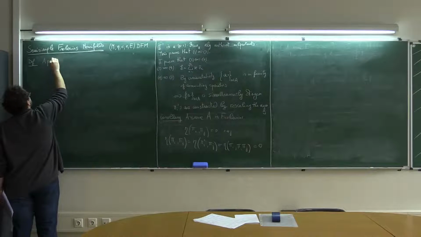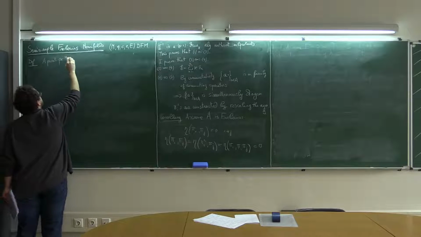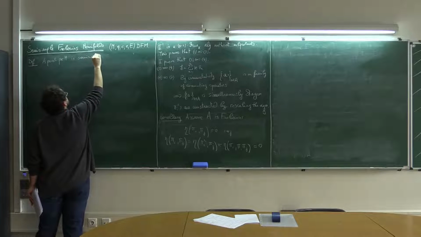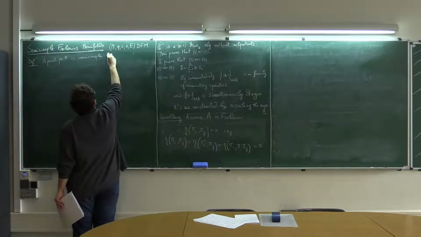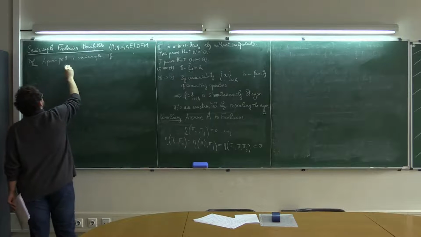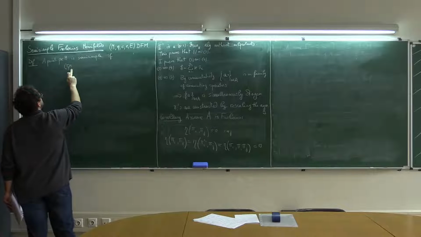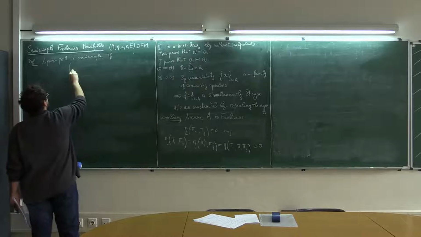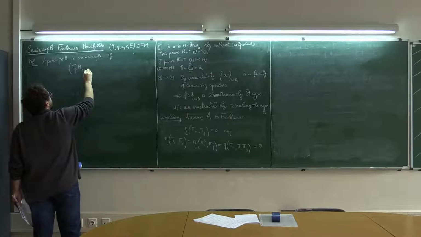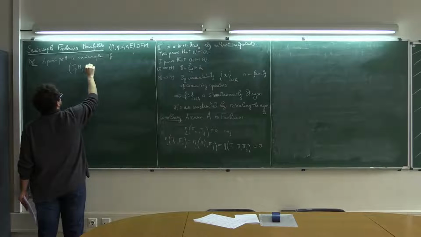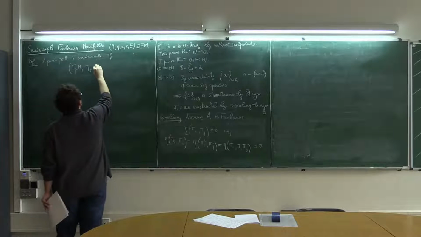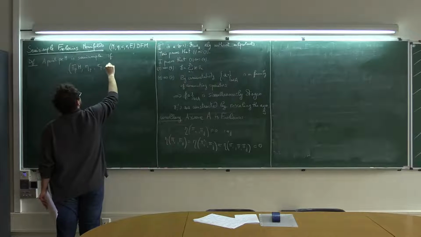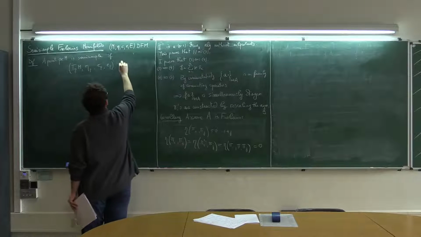I will say that the point P of M is semisimple if the corresponding Frobenius algebra, which is defined on the tangent space to M at P, where the metric is just given by the metric evaluated at the point, as well as the product and the unit, is semisimple.